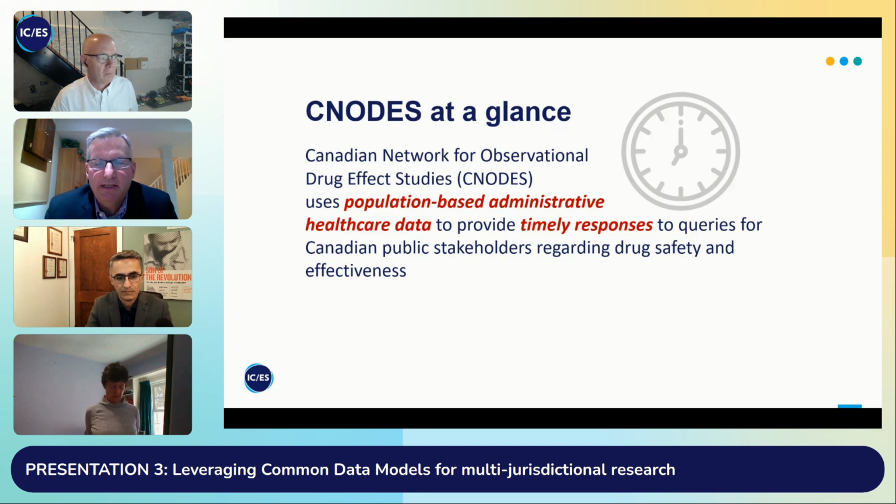And our aim is really to provide timely responses to drug safety and effectiveness research questions that come to us from a range of Canadian public stakeholders, primarily the Health Canada regulatory branch, but also the provincial drug programs, and others like the Public Health Agency of Canada. Next slide, please.